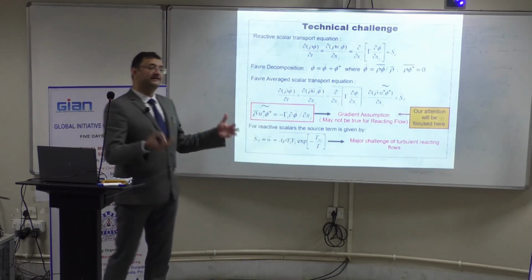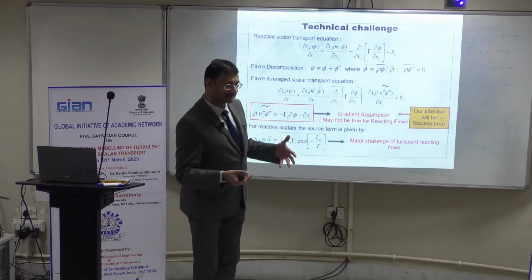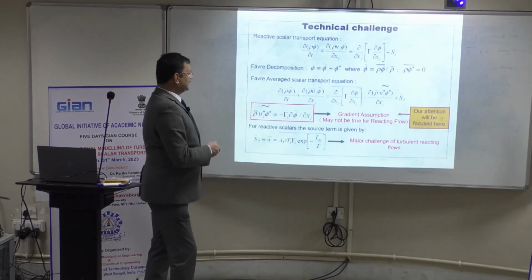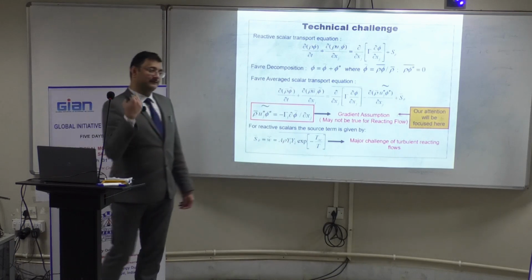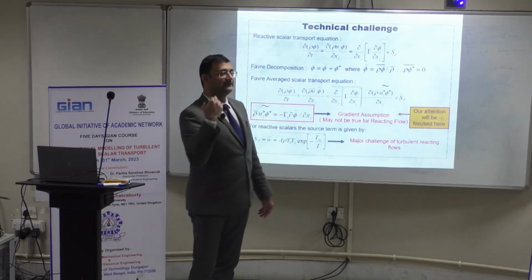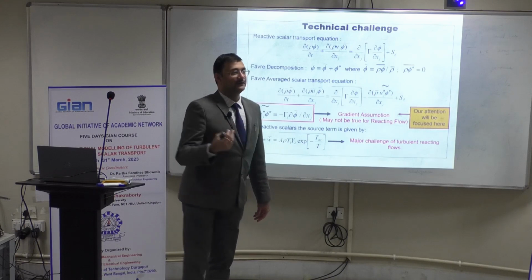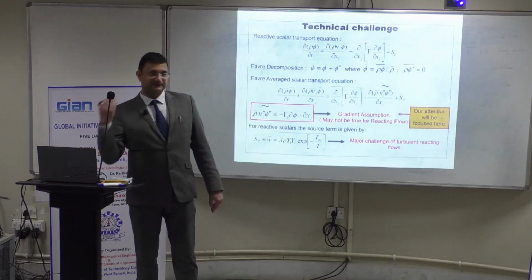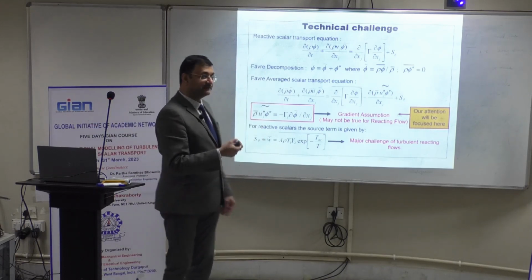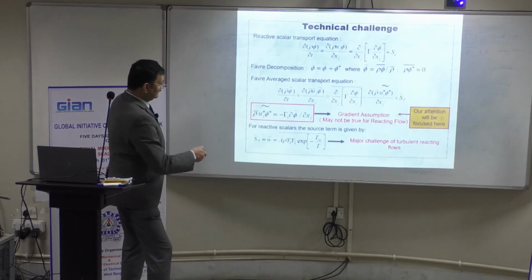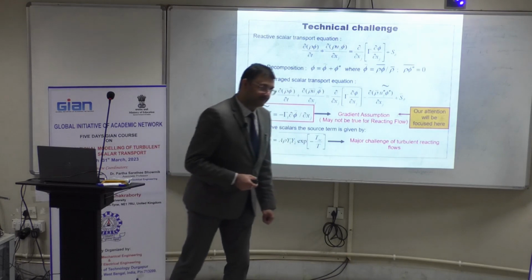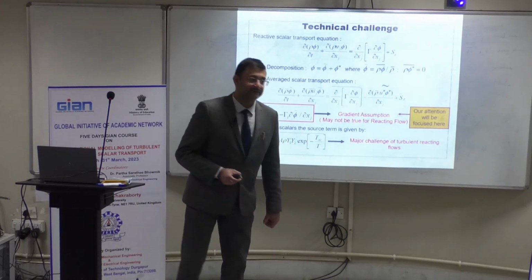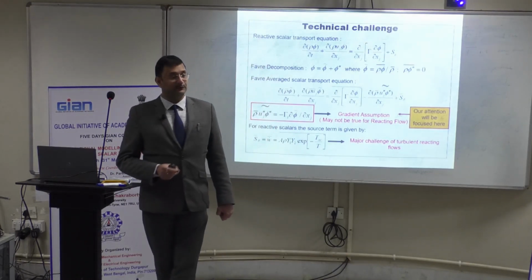It's similar to Fourier's law of heat conduction. This negative sign essentially ensures that you have a diffusion process going from the higher concentration region to the lower concentration region. The only difference is that this diffusivity is the turbulent diffusivity, and it is dependent on flow properties.